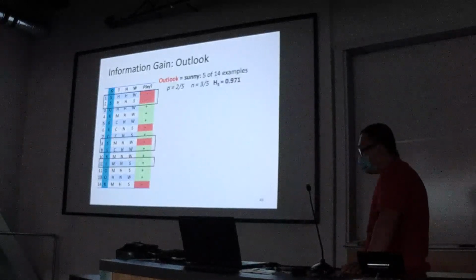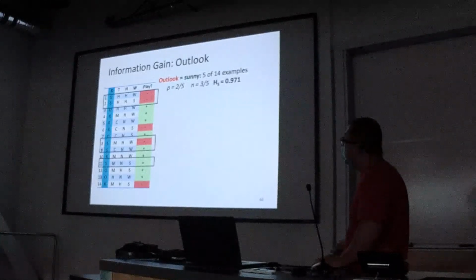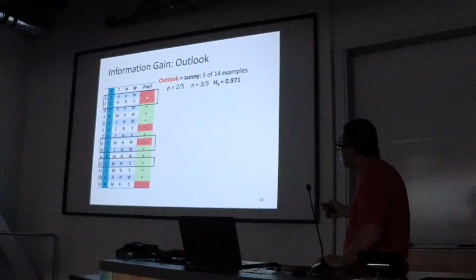So let us first look at the subset where the Outlook feature is sunny. We found there are 5 examples here, and from these 5 examples, we can see that 2 of them are positive and the remaining are negative. So the positive probability is 2 over 5 and the negative probability is 3 over 5.